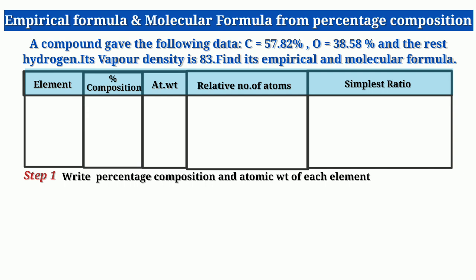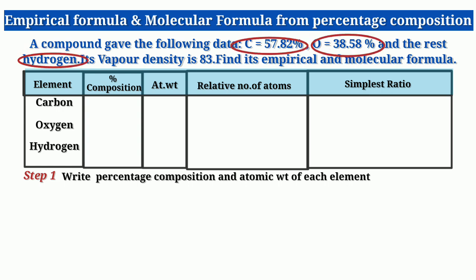We know elements: carbon, oxygen, hydrogen. We have their percentage composition. Percentage composition of carbon is 57.82, oxygen is 38.58, and hydrogen we have to find out. We know atomic weight of these elements: carbon 12, oxygen 16, hydrogen 1.